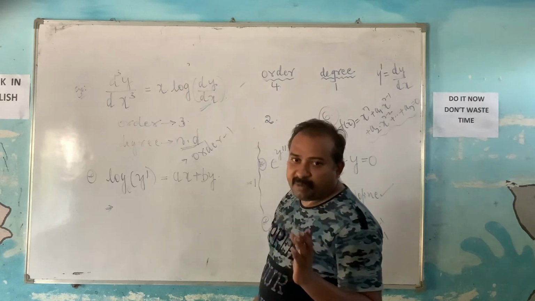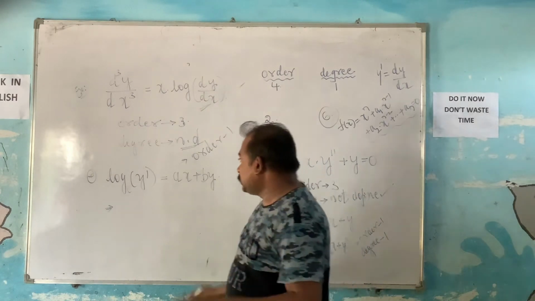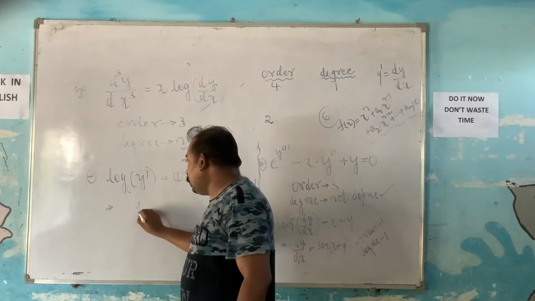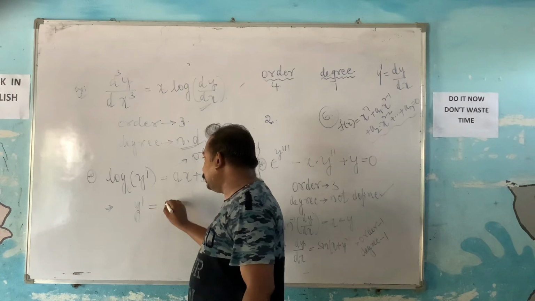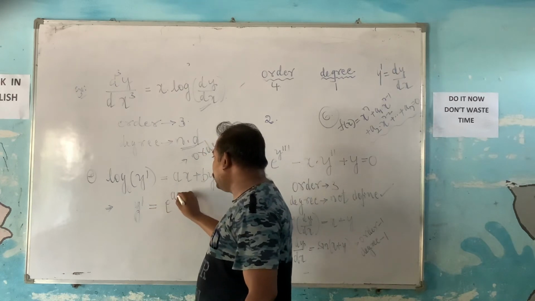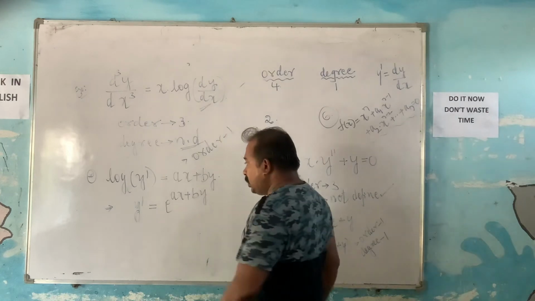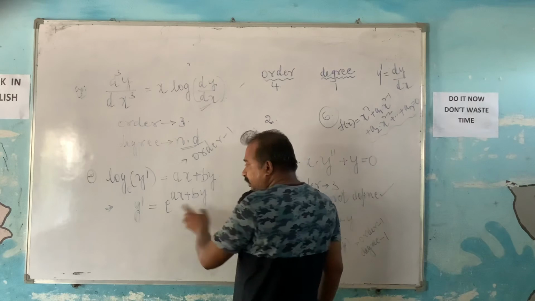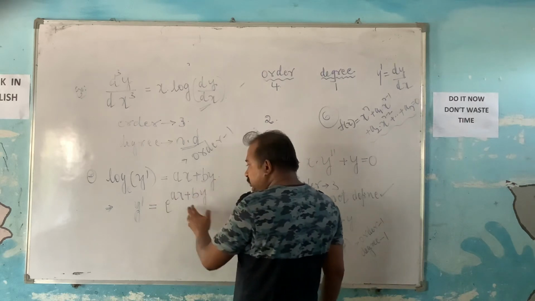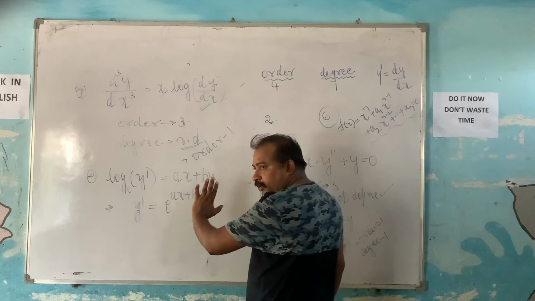It should be in the form of a polynomial equation involving differentials. So here I can write y dash equal to e power ax plus by. Y dash equal to e power ax plus by means x is a variable, y is a variable, and this side does not involve any differential.